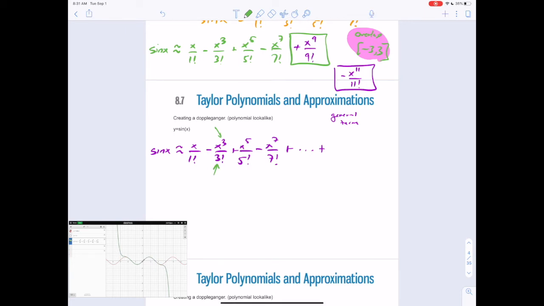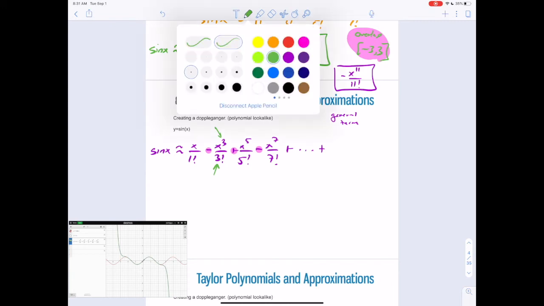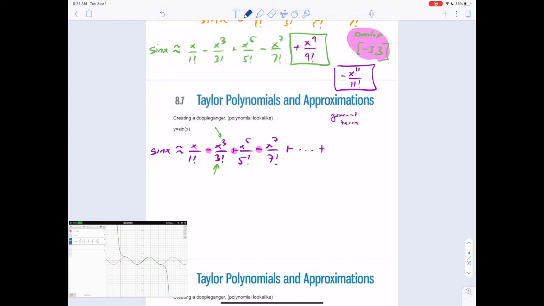We also noticed that it alternates in sign. Okay, so how do we mimic that? To make it alternate, you're multiplying it by a -1. That's what makes it alternate, okay? But you're going to do it to the nth power.